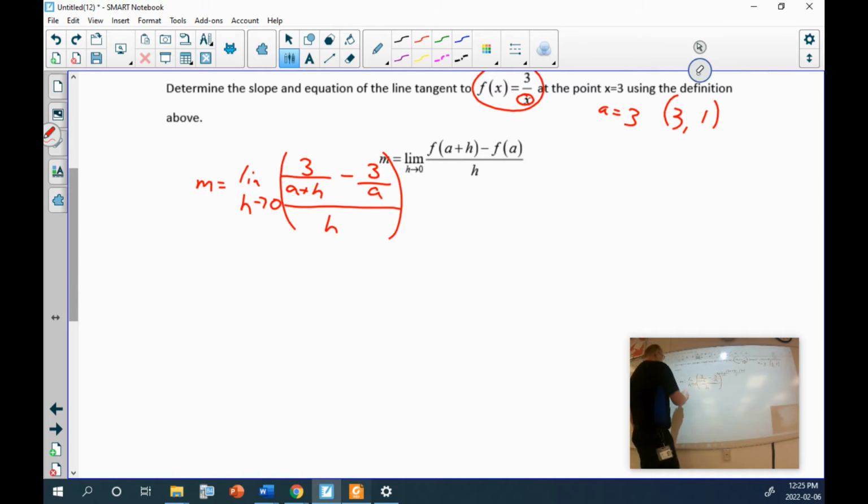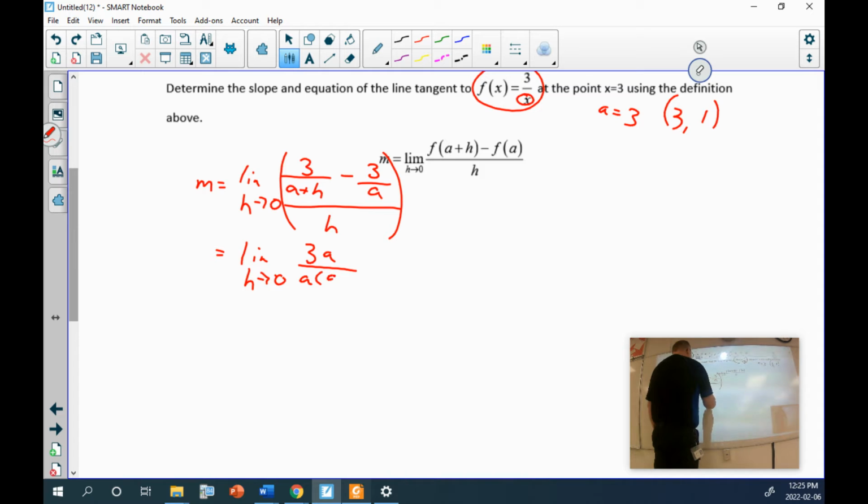So here, let's tidy up that top a little bit. And by the way, please do not forget to bring down your limit notation. I know it's a pain, but that's the process. What I'm going to have is 3a over a plus h, minus 3 times a plus h over a plus h.